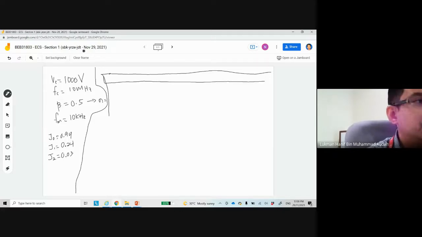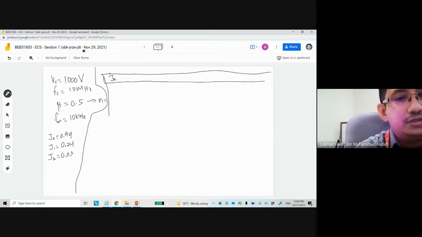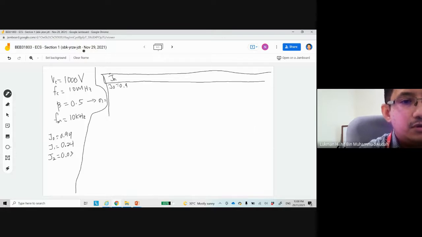A table for Jn, from J0, and then the amplitude. So this is voltage or amplitude.